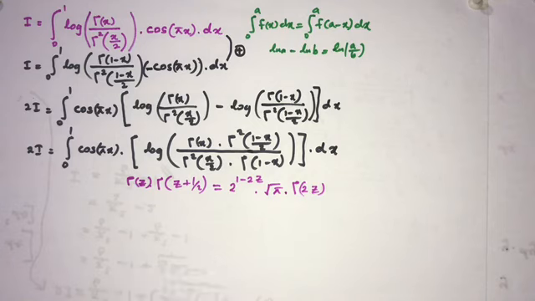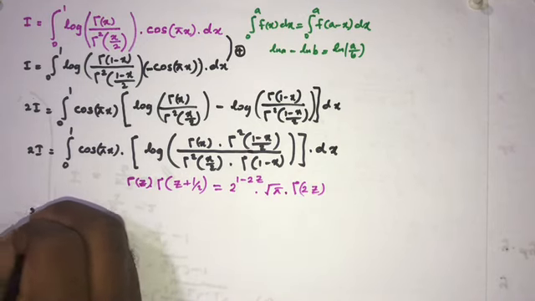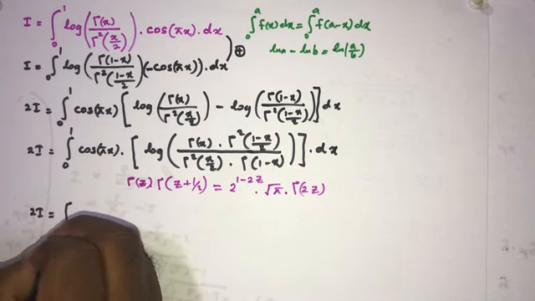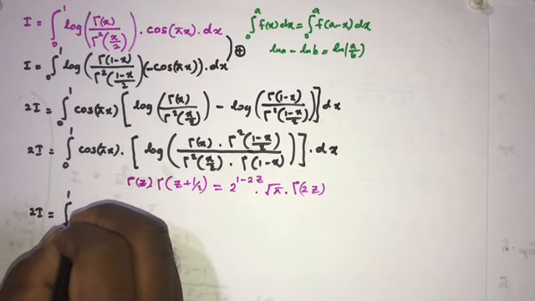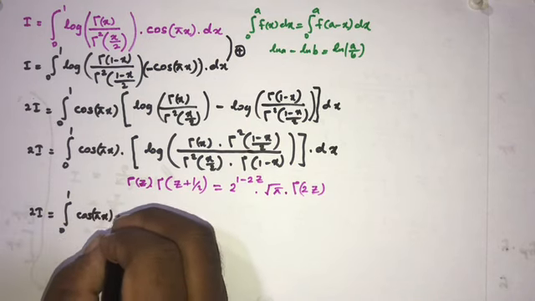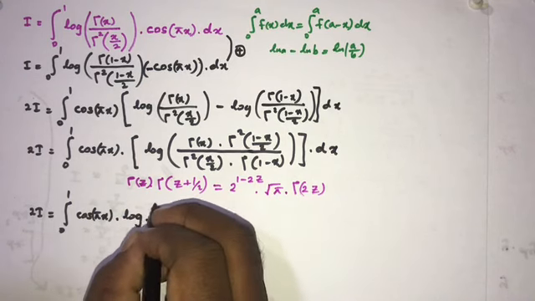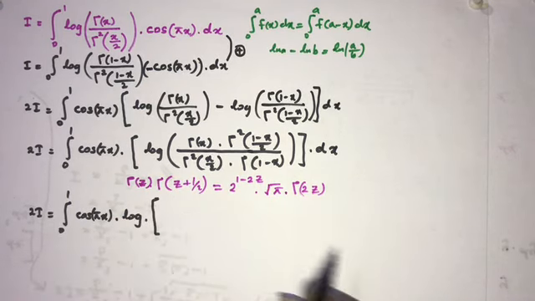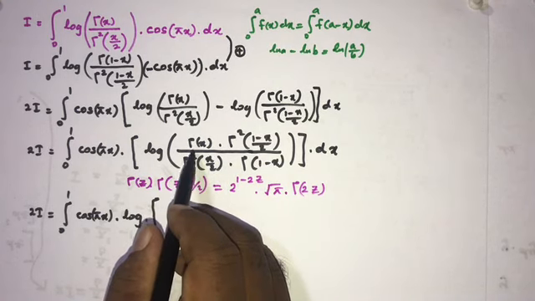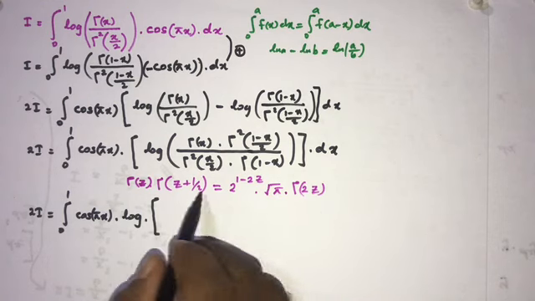Okay, now our question: 2 times I is equal to the integral from 0 to 1 of cosine of pi x times natural log of, now instead of gamma of x we can substitute using this equation.